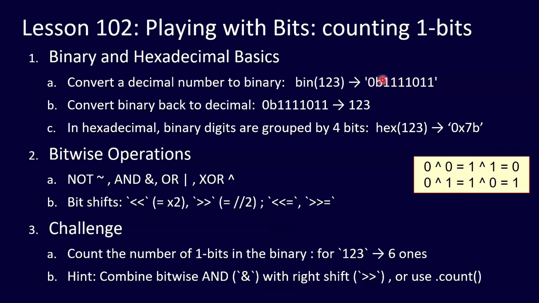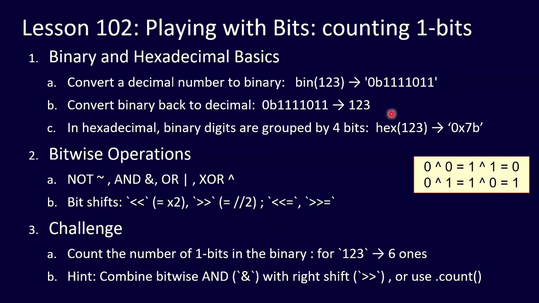Usually in Python, binary representation is preceded by 0b to express that it is a binary representation. And I explained how to change from decimal to binary, and also binary string to decimal.